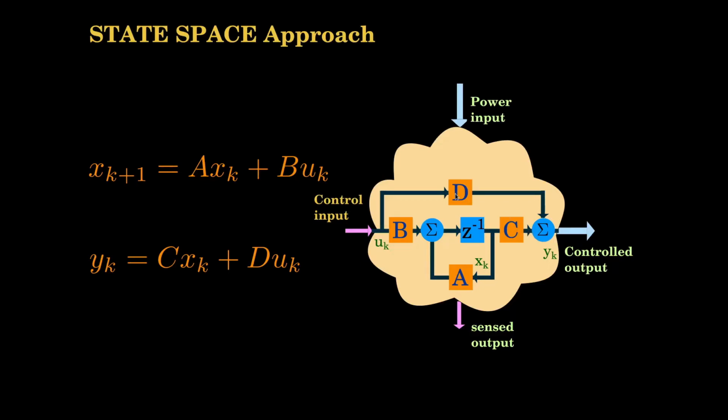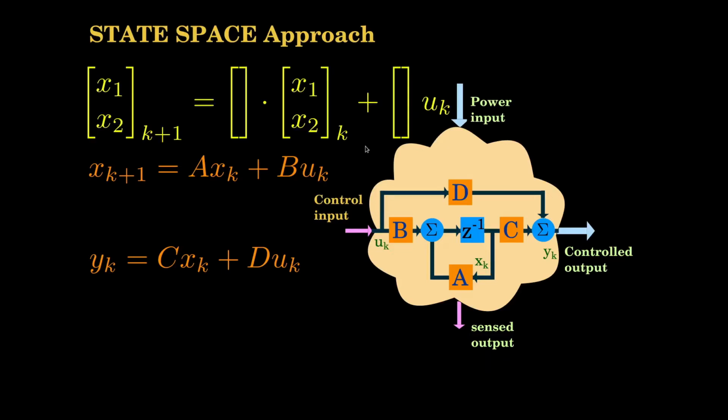So if you take an example of a 2-state system, you have a state variable having only 2 elements. So let's say the next state equation looks like this.